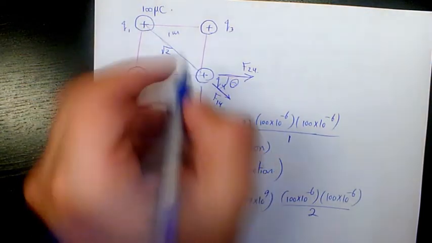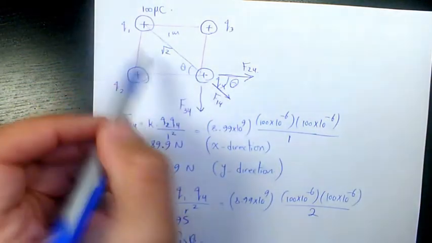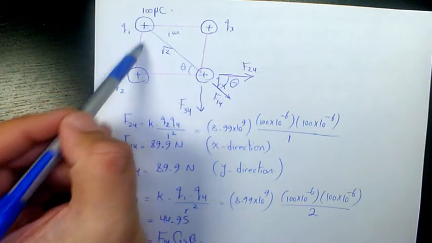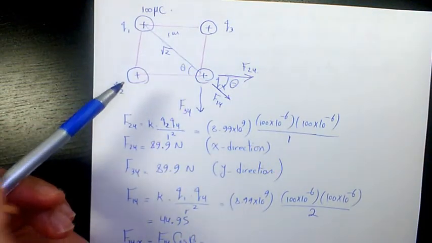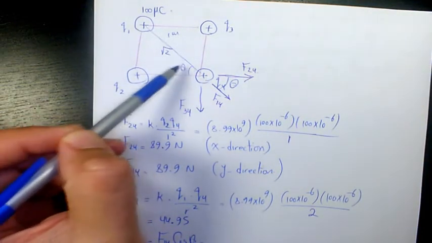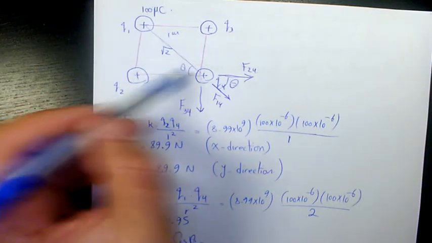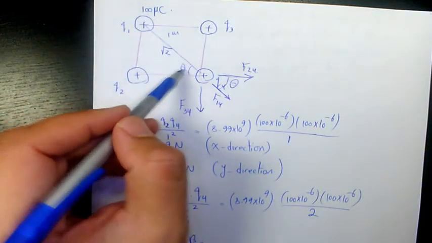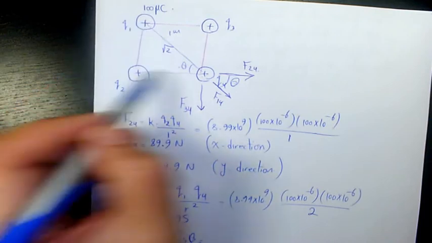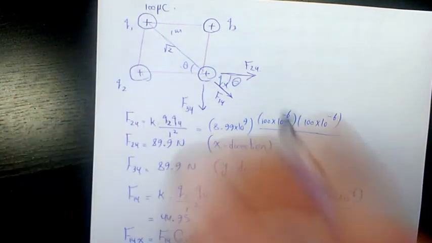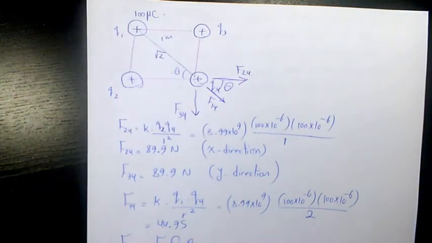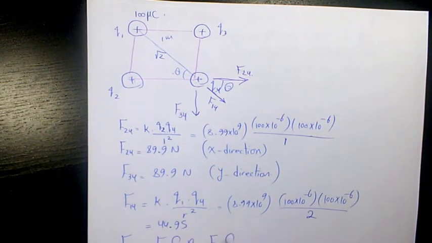Theta is going to be the same as this angle. As you see here, the opposite and adjacent are both 1. We can use sine or we can use tan. Tan theta equals opposite divided by adjacent, which is 1 divided by 1, and that's going to be 1. So tan theta is 1, and we know tan of 45 is 1. So theta is 45.